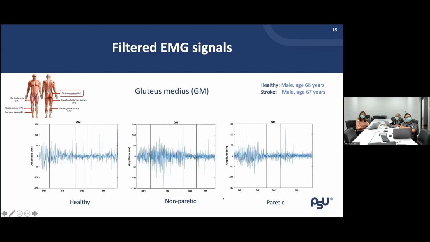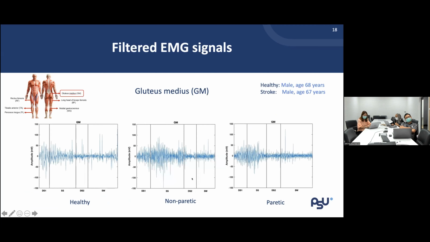And this is the filtered EMG signal from the first muscle, gluteus medius. The left side is from the healthy, the middle from the non-paralytic, and the right side from the paralytic side.